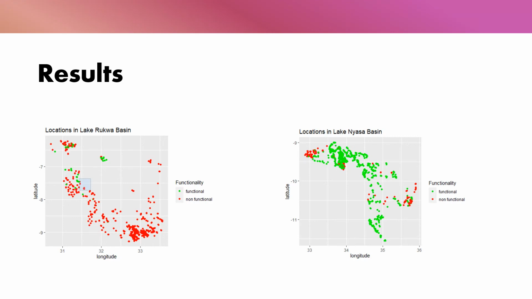So say you're trying to decide whether you want to visit Lake Nyasa or Lake Rukwa. Even though our model is not the best, it still gives a pretty good idea that we would rather go see Lake Rukwa instead of Lake Nyasa. And so we could focus on fixing and working on those pumps instead of Lake Nyasa.